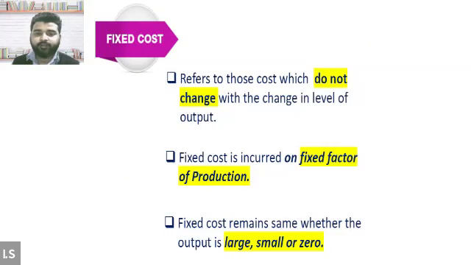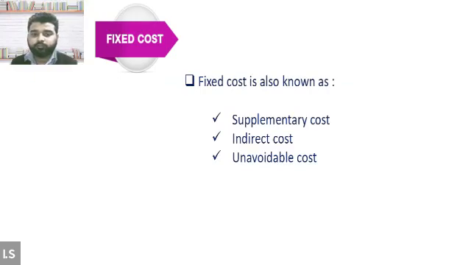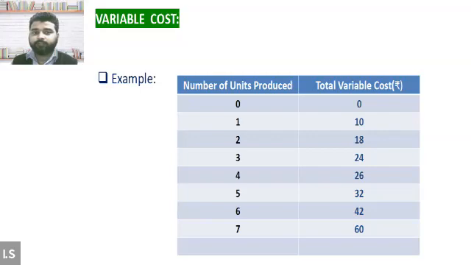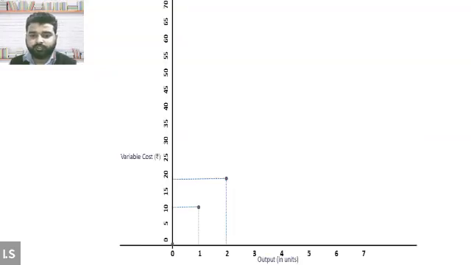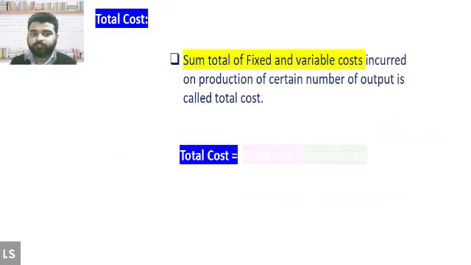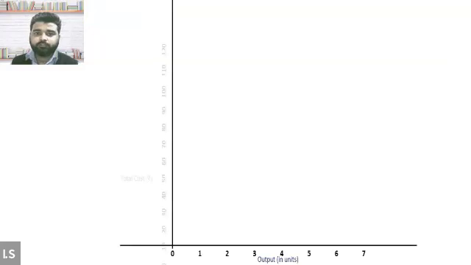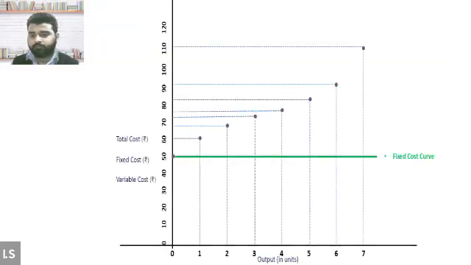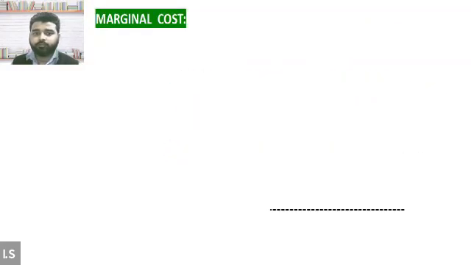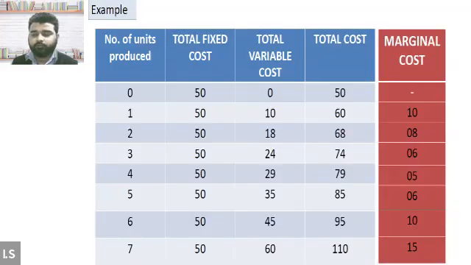Also, we have discussed the diagrammatic presentation of fixed costs and variable costs, and then we have also covered total cost and marginal cost. Today we need to start with the average cost, right?